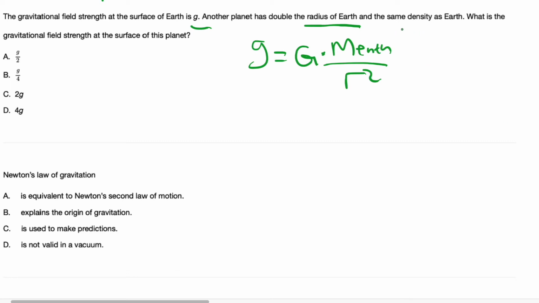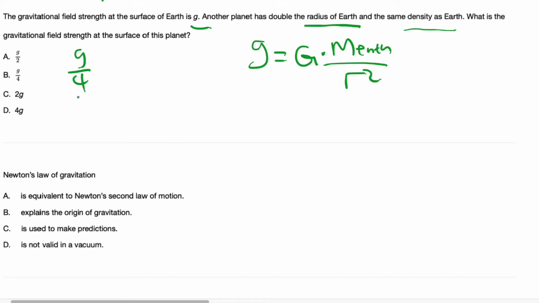The planet has the same density as Earth. What is the gravitational field strength at the surface of the planet? So from here we know the radius is double, so its gravitational field strength is going to be divided by 4.